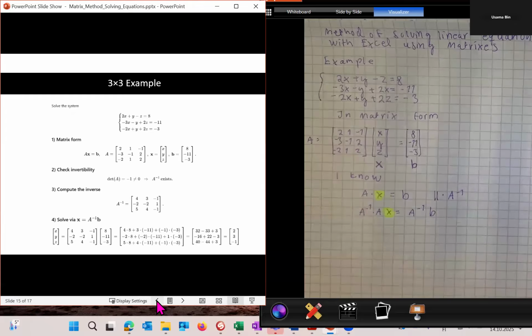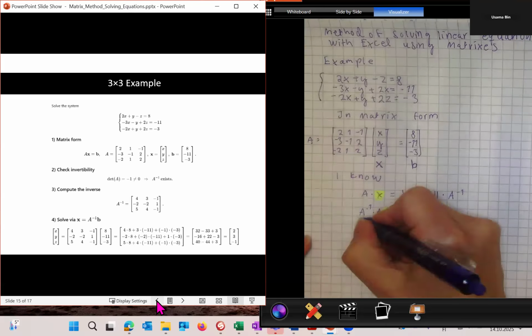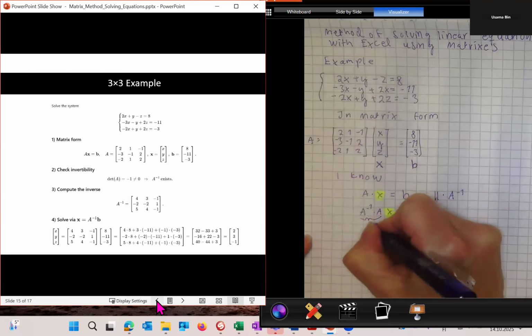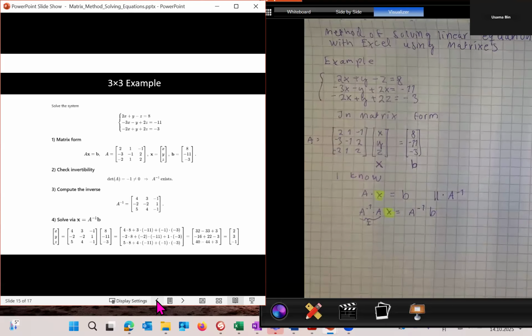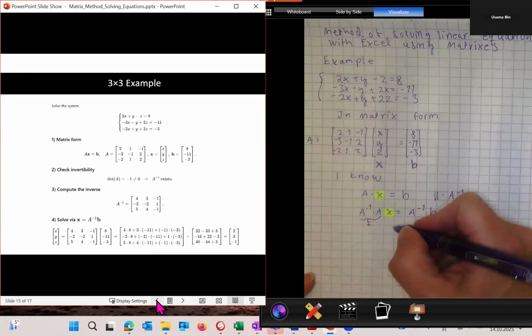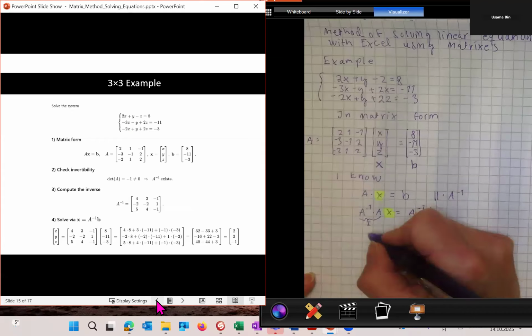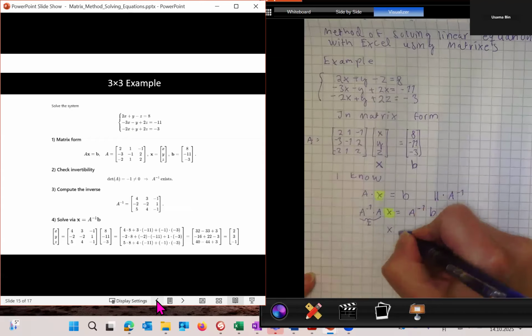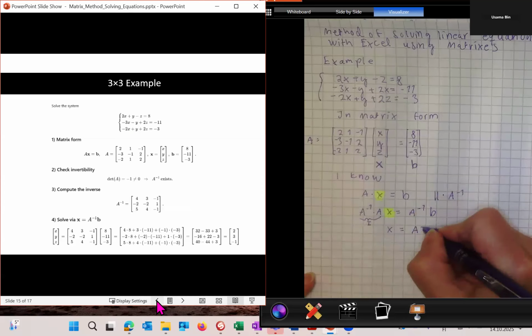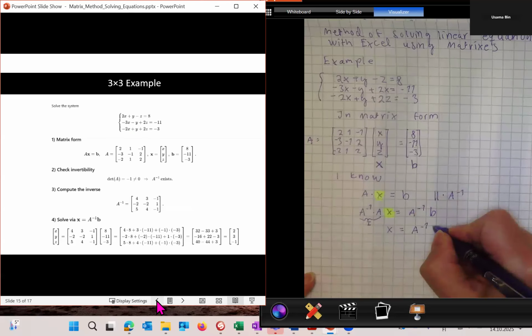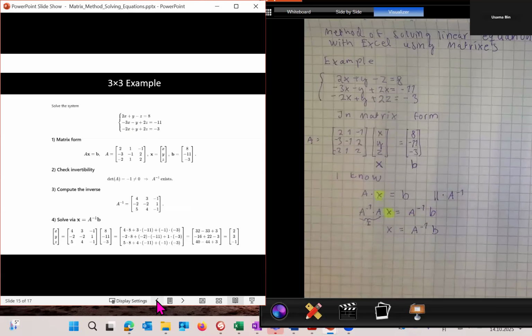I'm just solving for X here, like I would normally do. And I would get the identity matrix, which is the same as 1 in normal calculations. So then I get here only I times X, which is only X. And here the A -1 times B. So X is A -1 times B.